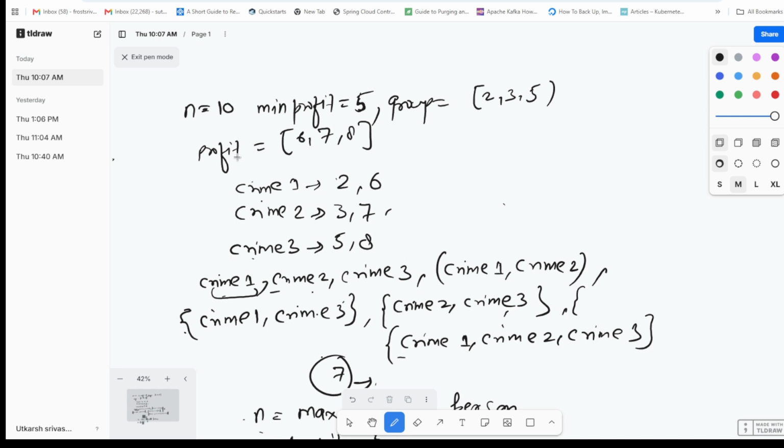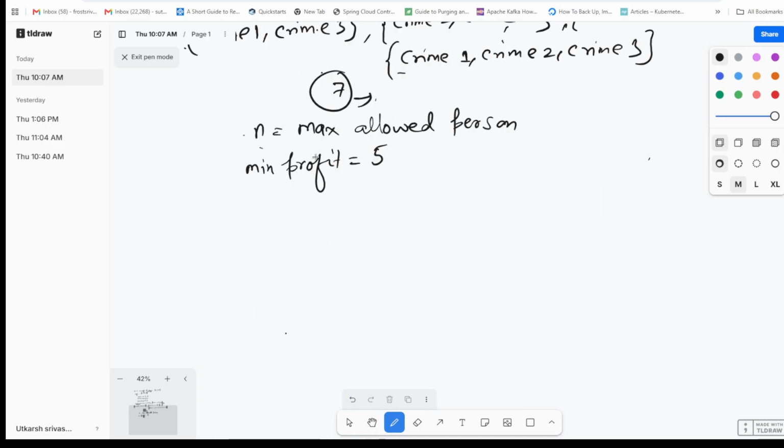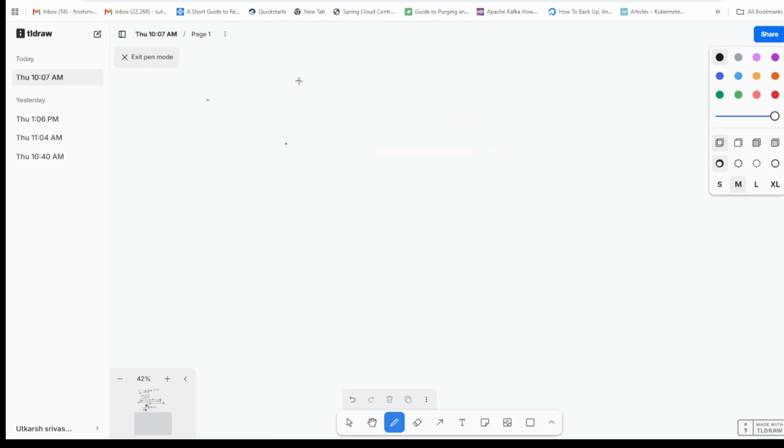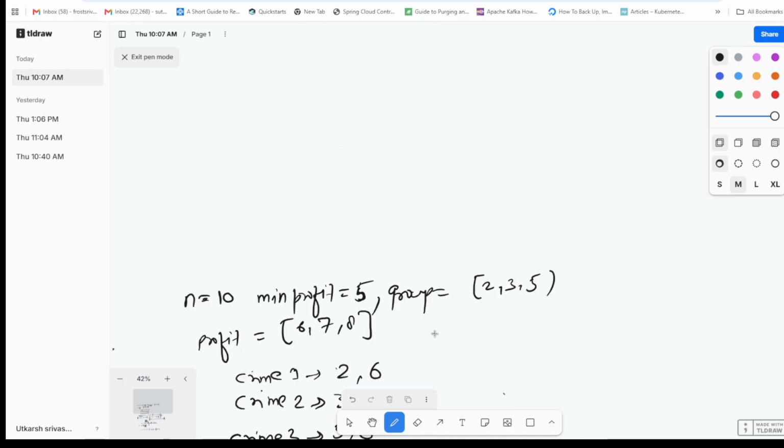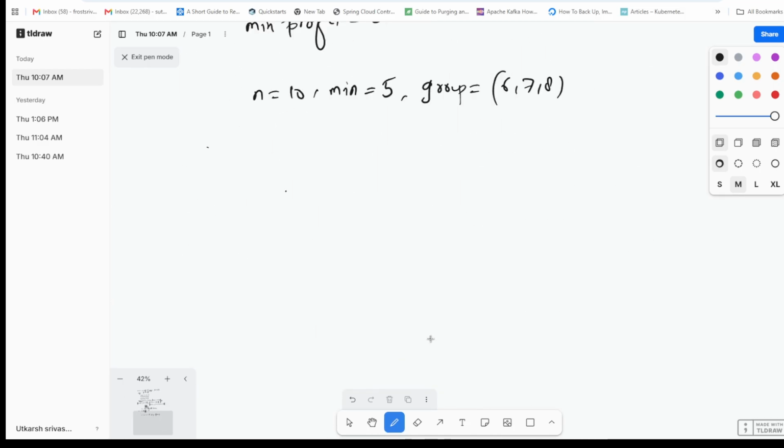Let's take this example: n is given as 10, min profit we have to get is 5, and groups of people is 2, 3, 5, and profit is 6, 7, 8.